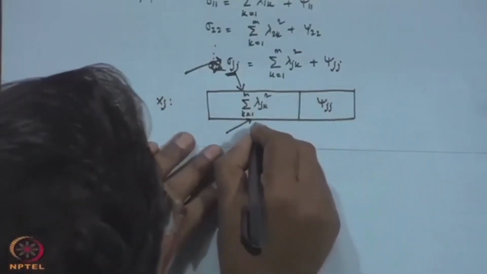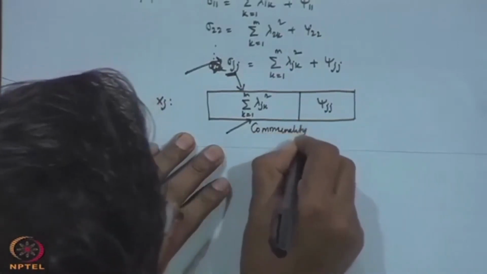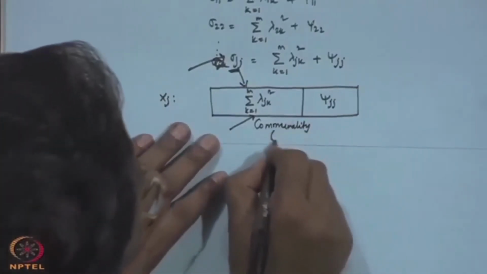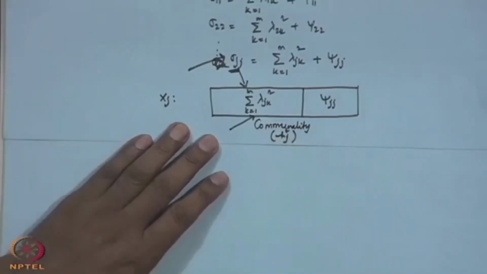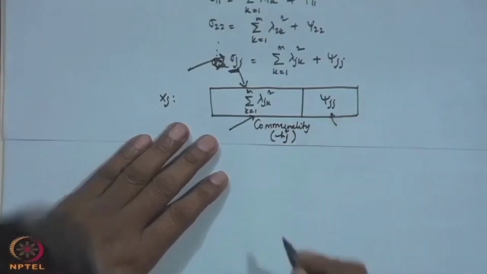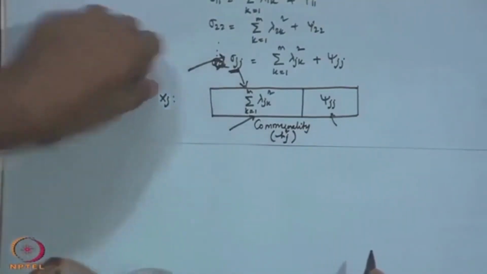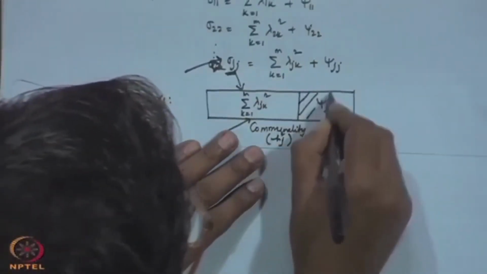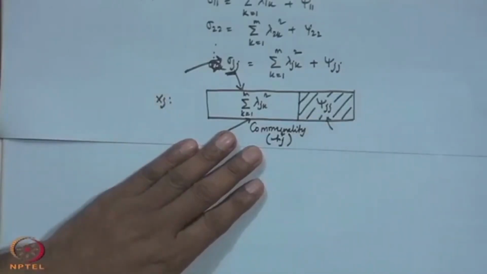That is why this one is known as communality, and we denote it by hj square. This one is unique to xj. The common factors are not able to explain this much of the variability. This is unexplained.